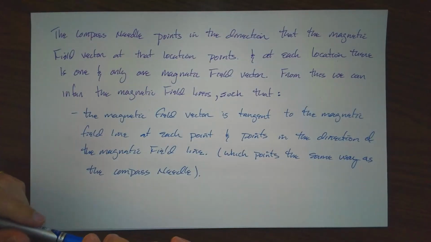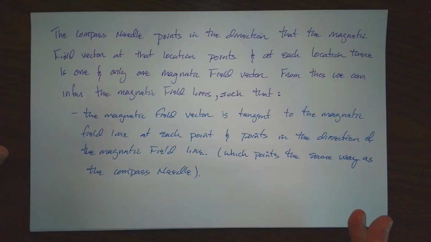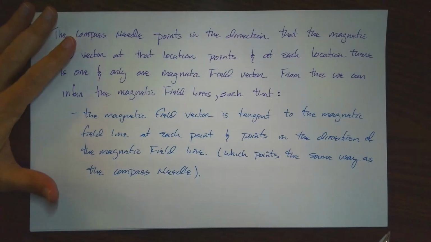Okay, and so this is essentially just like electric field lines, right? At every point, the electric field vector is tangent to the field line and points in the direction that the field line goes. It's the exact same thing.